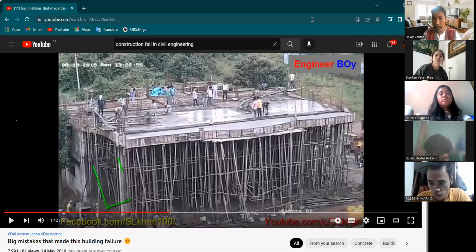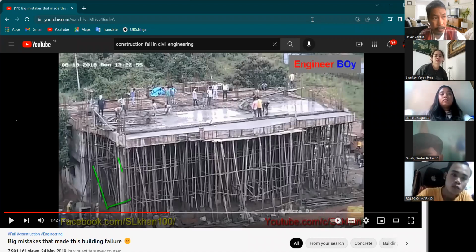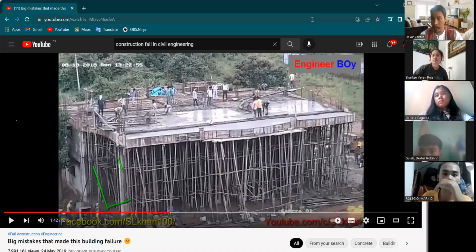So, our regular classroom in our school is 8 by 8. 8 meters length, 8 meters width. That is our regular classroom in our school. Okay, 8 by 8. This is 18. No, the length from one column to the other, 18 meters.